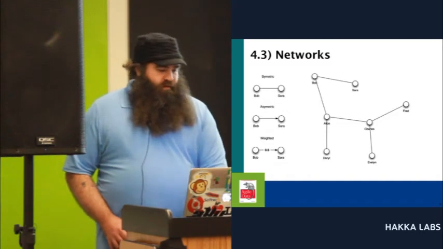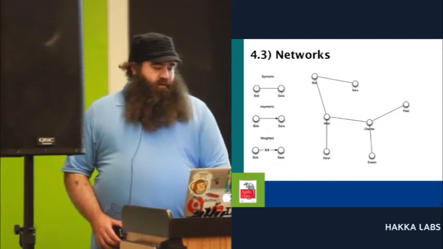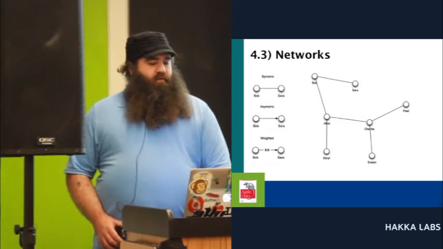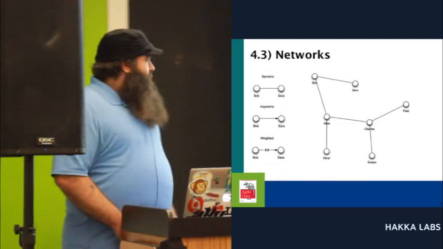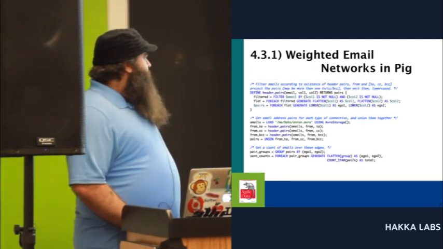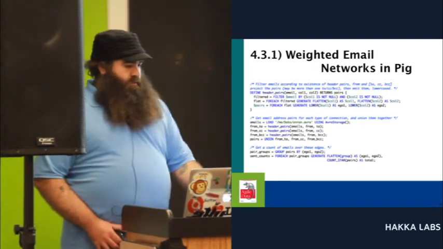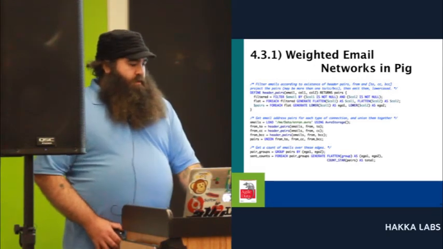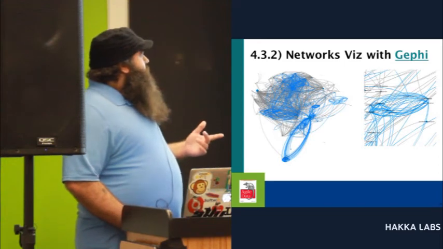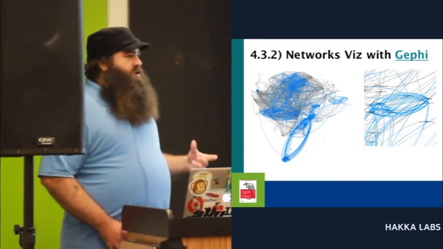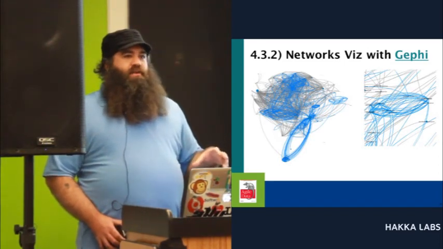This is a network. Bob knows Sarah. Sarah knows Bob. Bob likes Sarah, but not too much. So this is the Pig code to compute a weighted network from your inbox. This is a visualization of my inbox. This isn't a good visualization, but I put it in here because you should always render a network for your project.